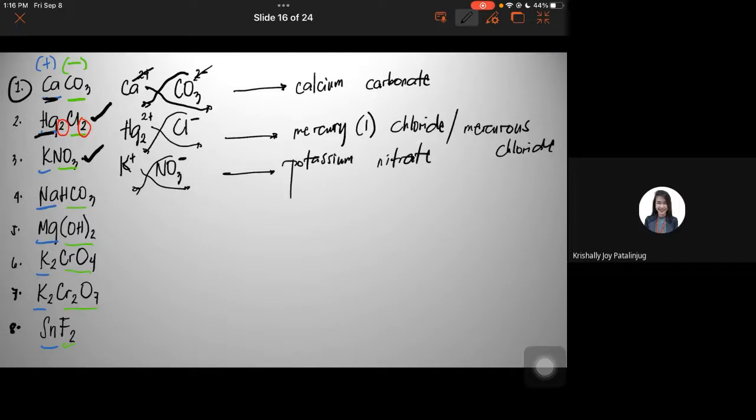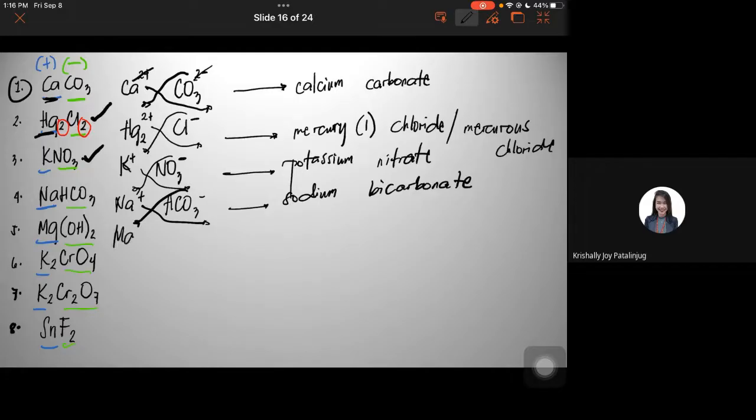Okay, next, sodium bicarbonate. Sodium is Na+, then bicarbonate is HCO3 negative. So that's the name, sodium bicarbonate. Next, Mg for magnesium.